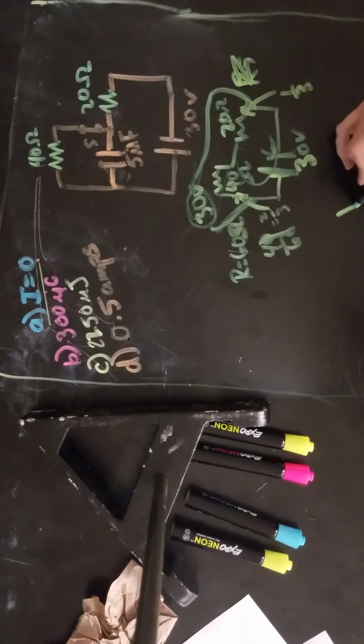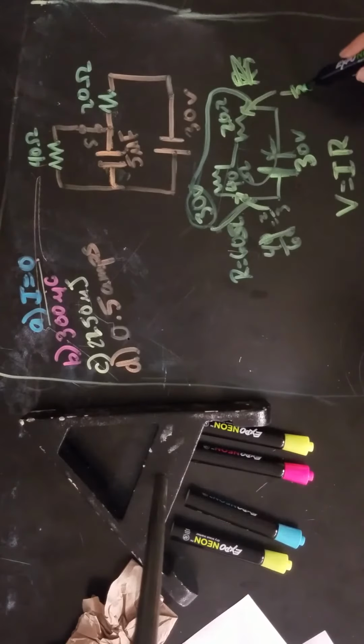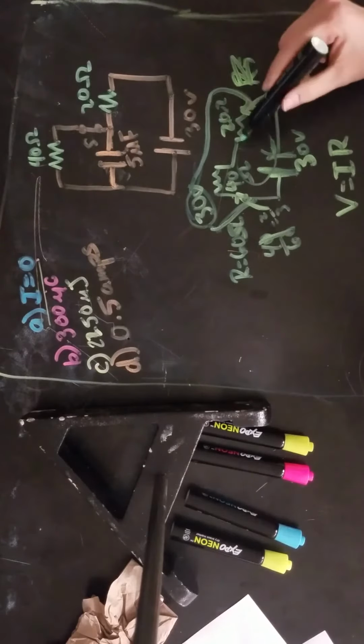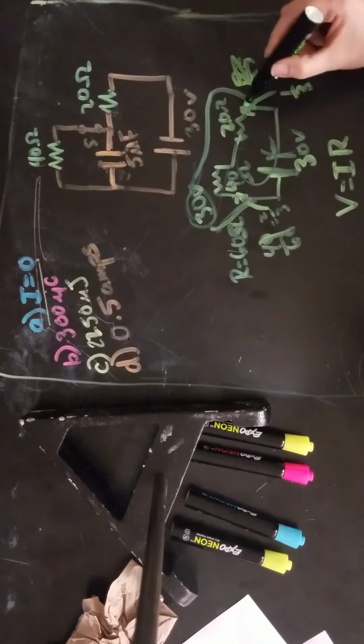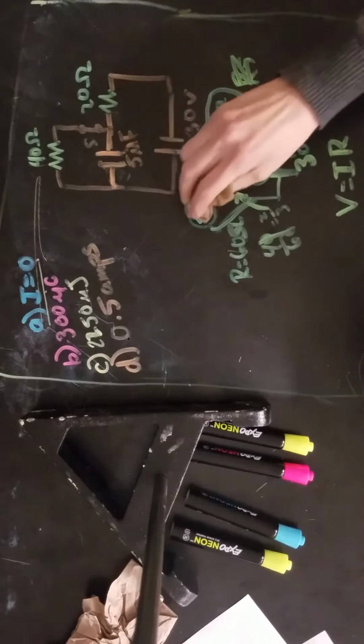Now, if you recall, voltage equals current times resistance. See how voltage is directly proportional to resistance? So if I have 1/3 of my resistance here, I'm also going to have 1/3 of my voltage across this resistor. So, clean this up a little bit.